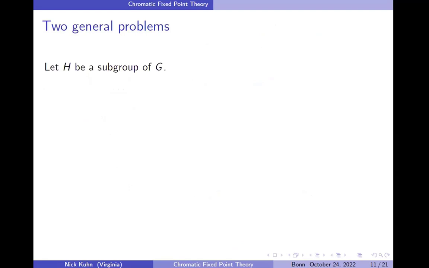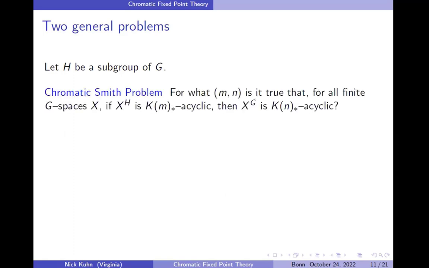Okay, so here's 2 general problems. And this ends up being equivalent to the questions that are about the topology of the Balmer spectrum. For what n and m is it true that if the H fixed points are acyclic in one theory, the G fixed points are acyclic in the other theory? And let's see, so here there's just a name made up.